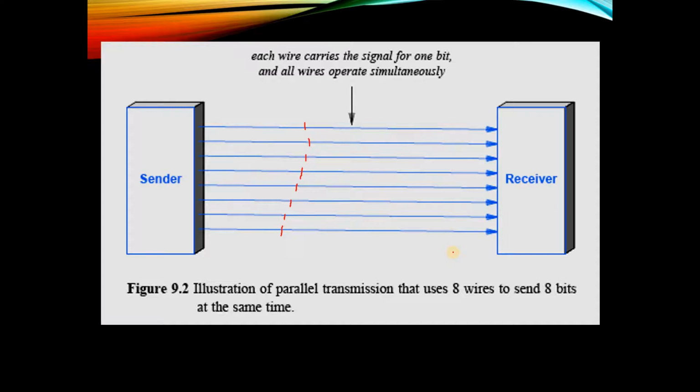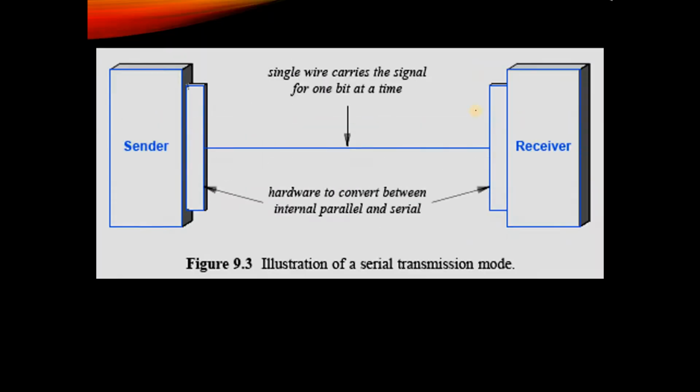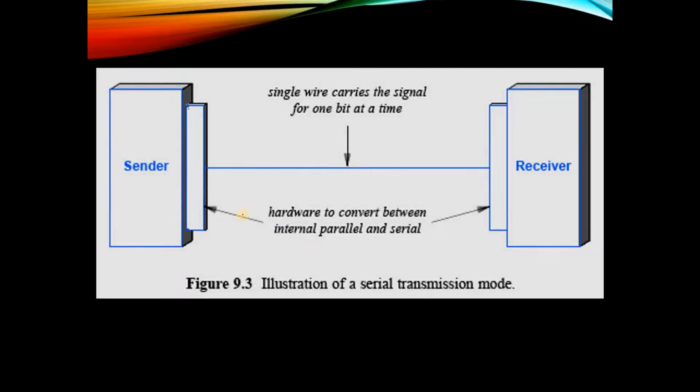Imagine how serial transmission will transfer all these 8 bits. Yes, first 1 by 1 it will transfer. Look at this picture: sender, receiver, single wire. How many bits can it transfer with a single wire? Only 1 bit.